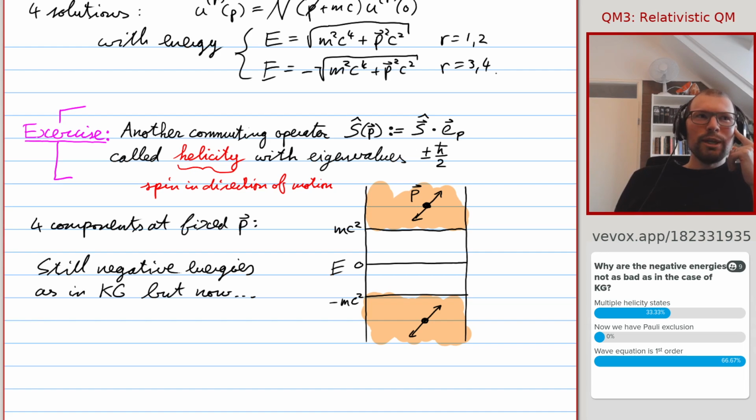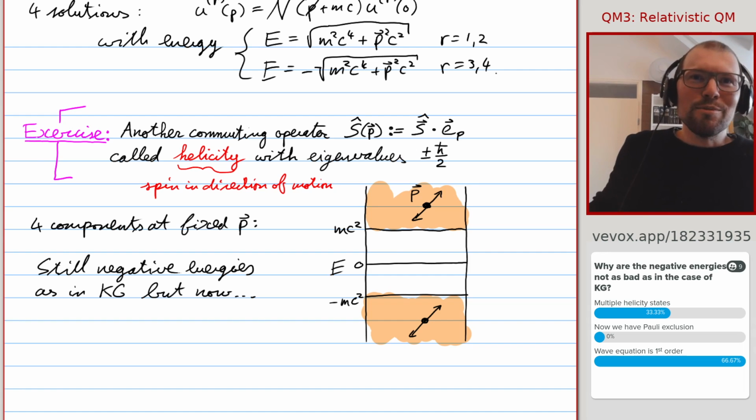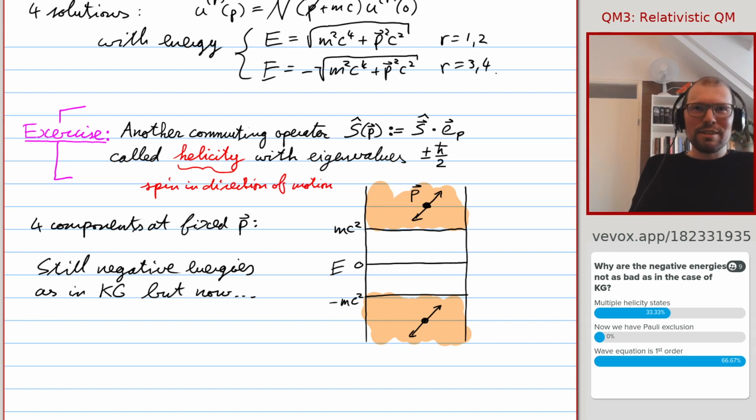Or how come in a metal, if you think back to the first half of this course, if you throw some current through the metal, the electrons do not just plummet into the positively charged atoms?